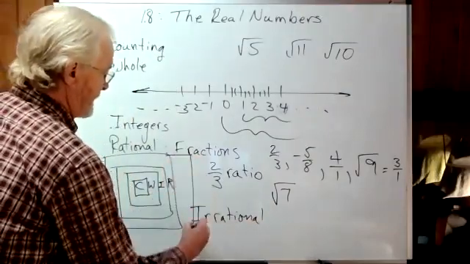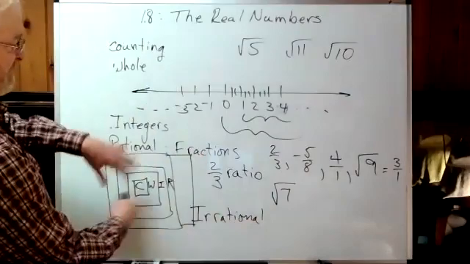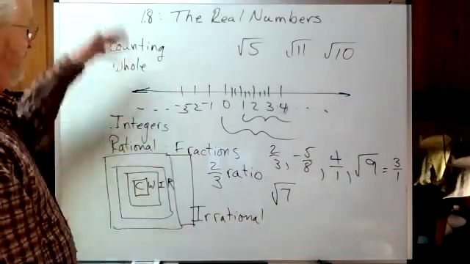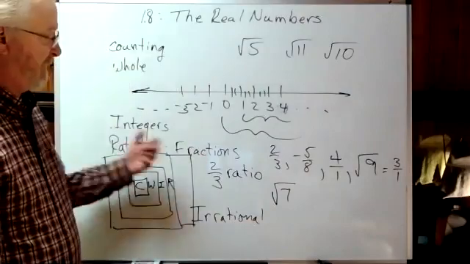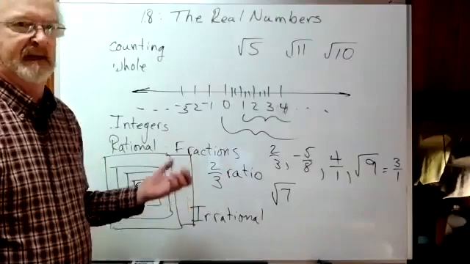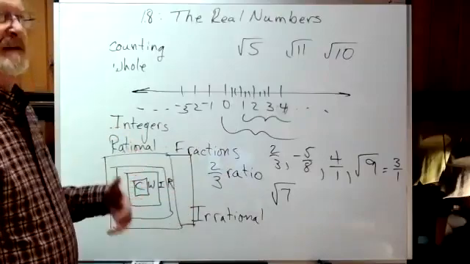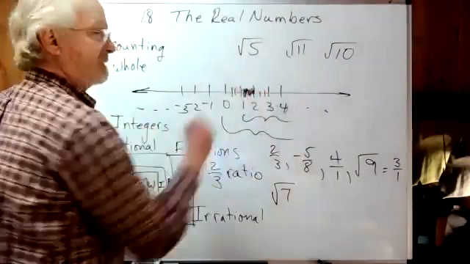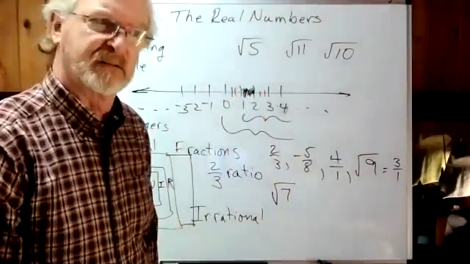That's a completely separate set. It's not contained in the others. Everything else was a rational number, and now I've got this set of numbers that I can't make look like nice fractions. That's the irrationals. And there's a lot of them, maybe more than the regular fractions.